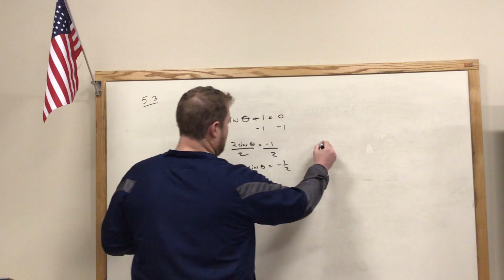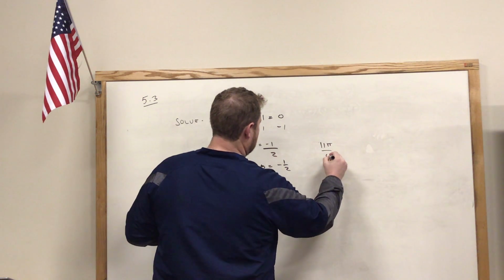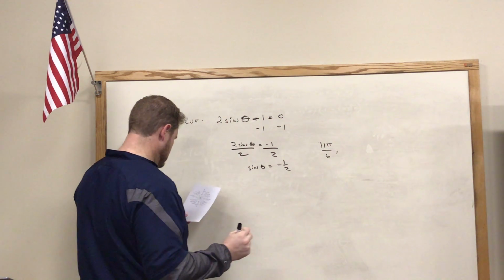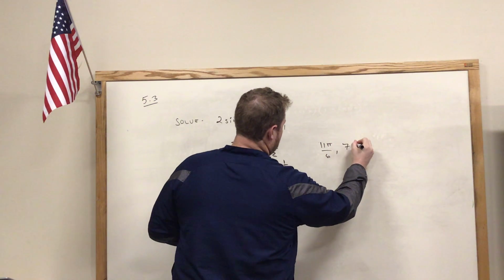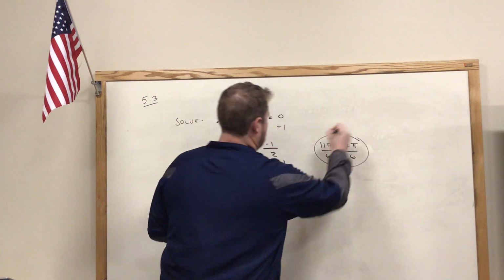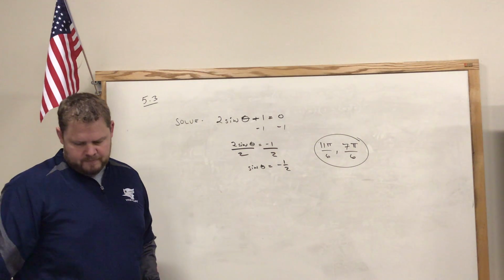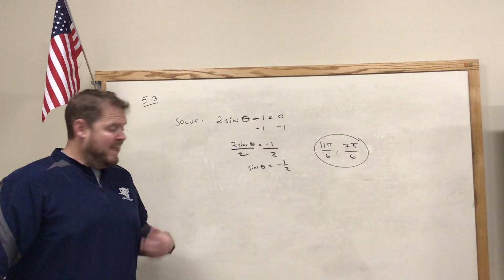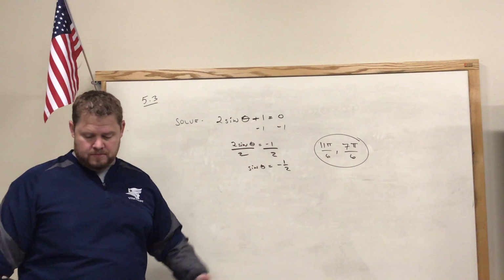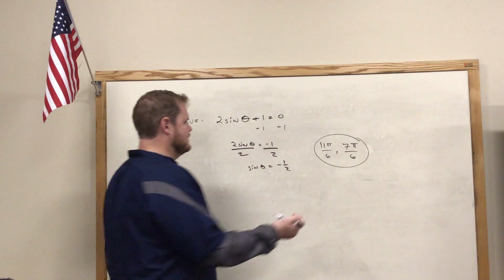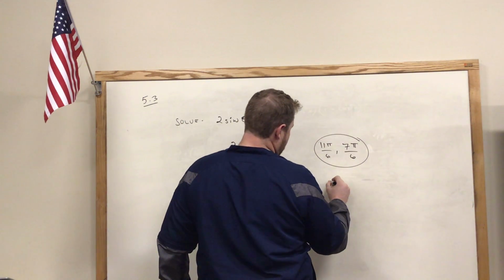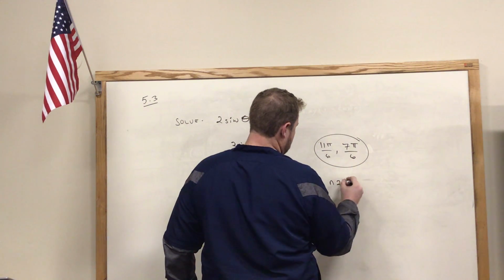So where is sine -1/2? At 11 pi over 6 and 7 pi over 6. So your answer to this question is at those 2 spots. And it's not just those 2 spots, it's at those 2 spots plus every time n times 2 pi.